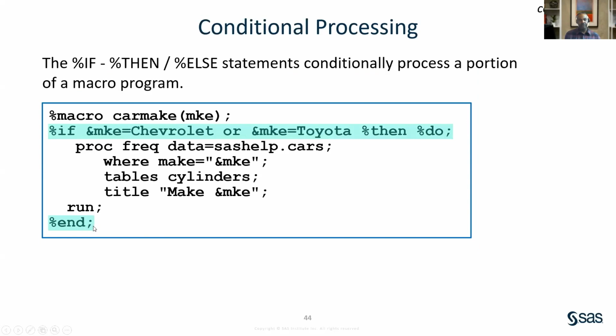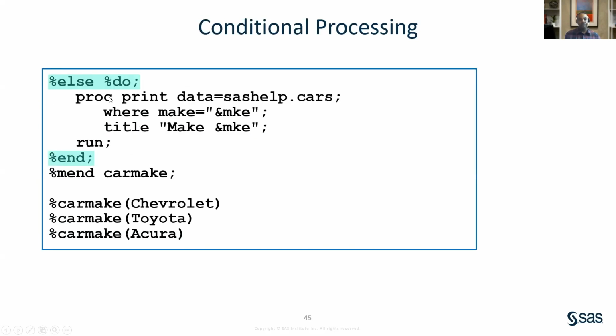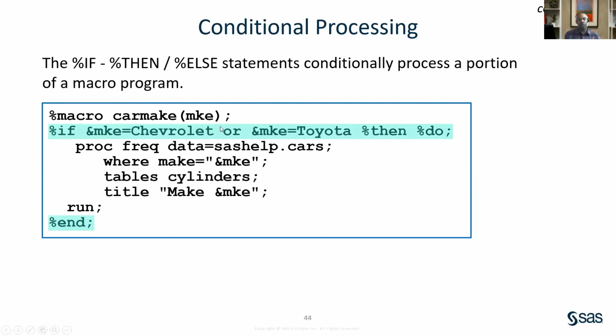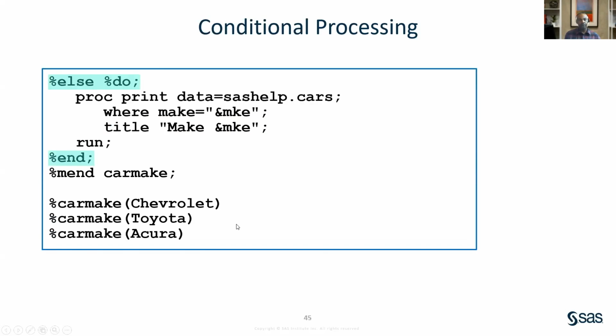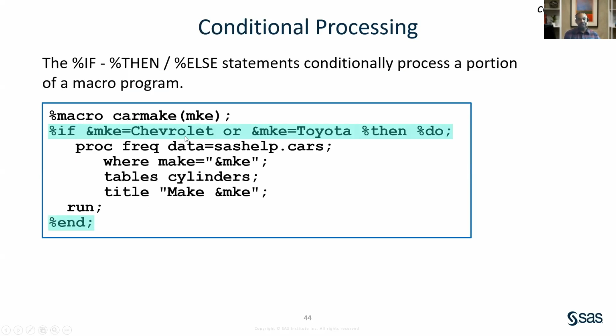Here's the %THEN for PROC FREQ, the %ELSE %DO is a PROC PRINT. So notice %IF, %ELSE, %THEN, %DO have percent symbols, but not OR. So the first call would be for Chevrolet, and it would check, ding ding ding, Chevrolet, and it would do a PROC FREQ for the Chevrolet.